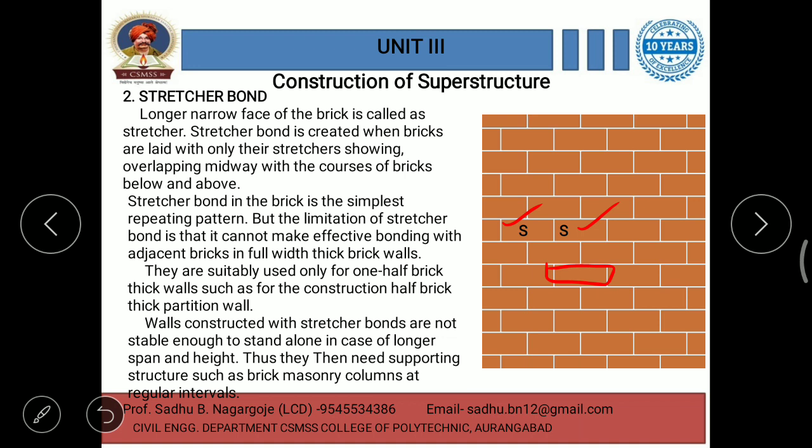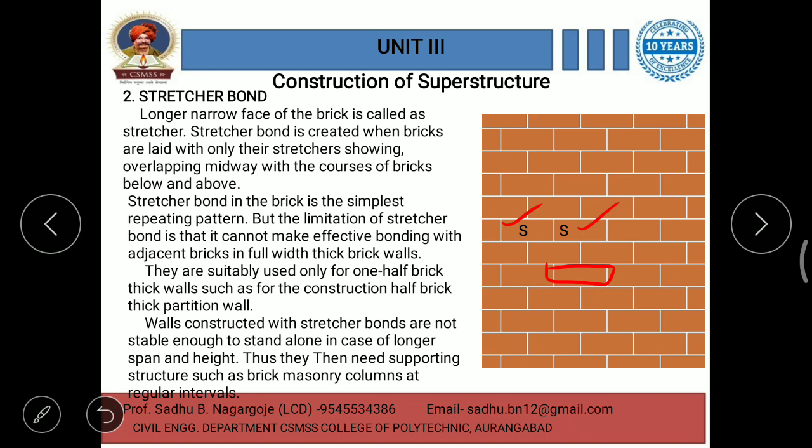They are suitably used only for half brick thick walls, such as to form half brick thick partition walls. These stretcher bonds are used only for the construction of half brick thick walls.